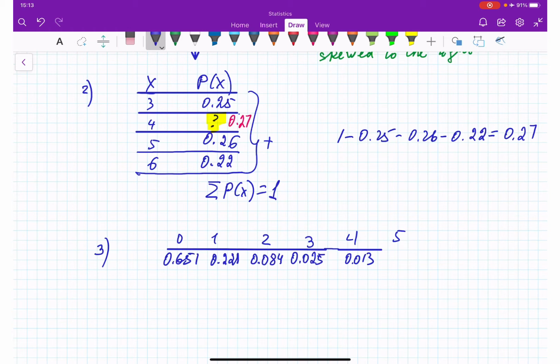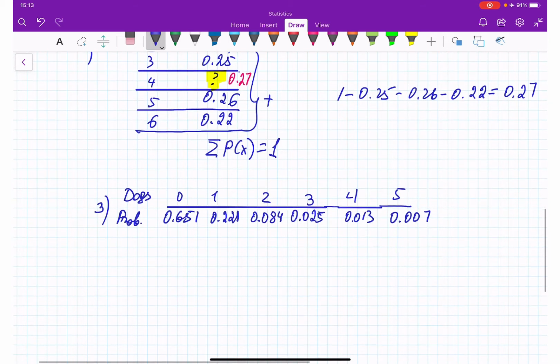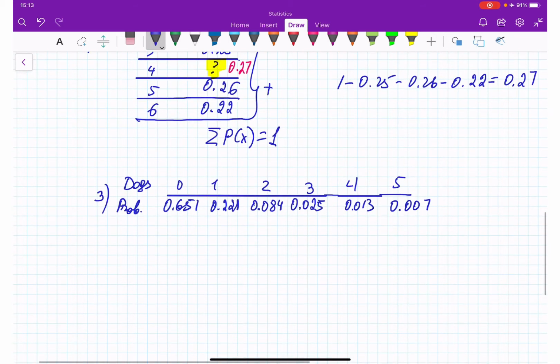So you see, the more dogs we get, the less chance that people will have that many dogs. Okay, so here we have the amount of dogs. Here we have probability. All right, so A.